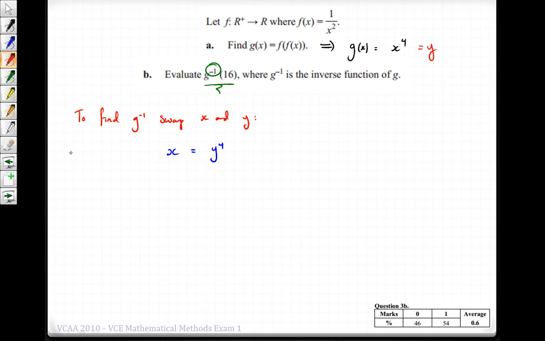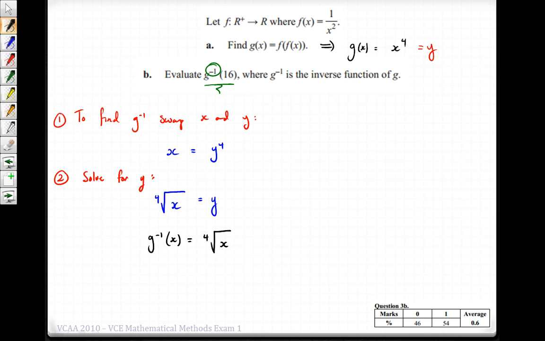Now step 2, we solve for y again. So if we solve this for y, we should just get the 4th root of x equals y. So we can write that as g inverse of x equals the 4th root of x.